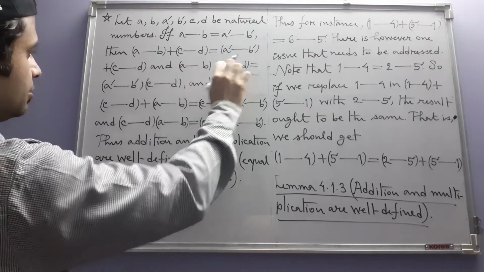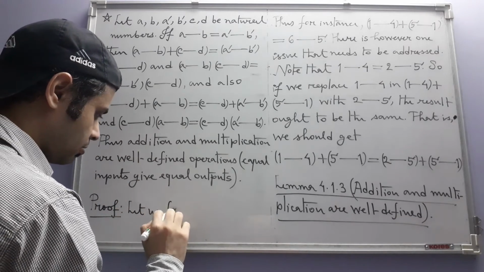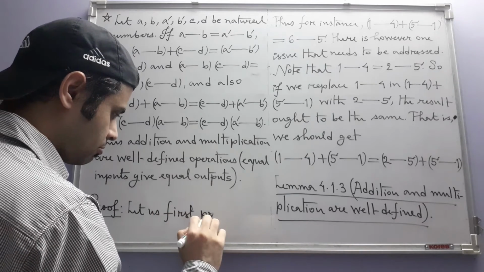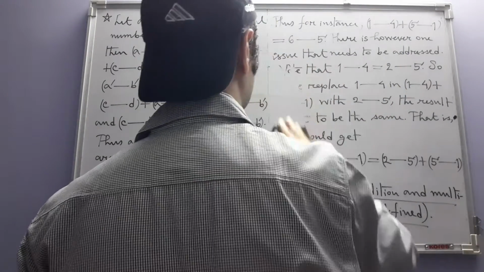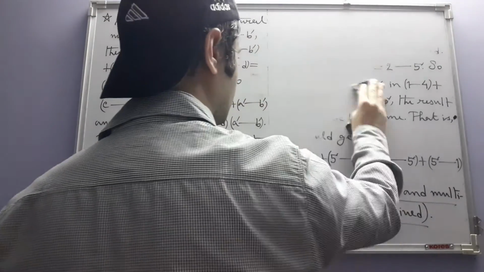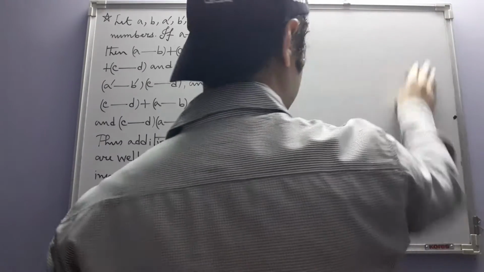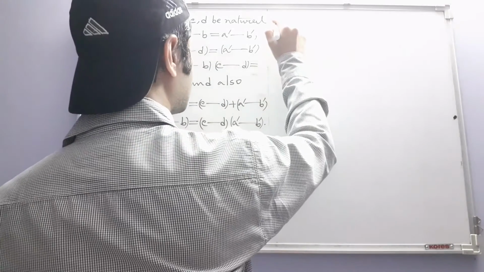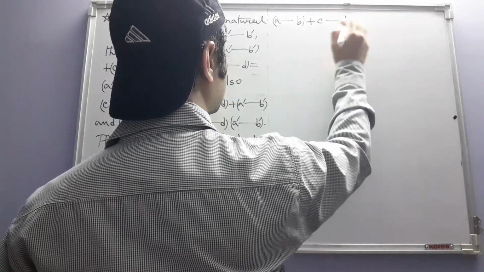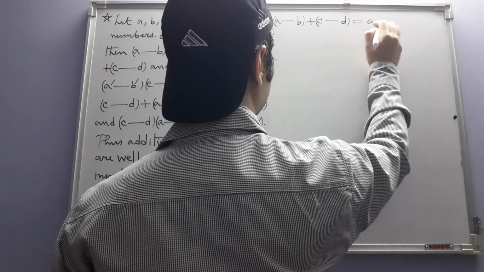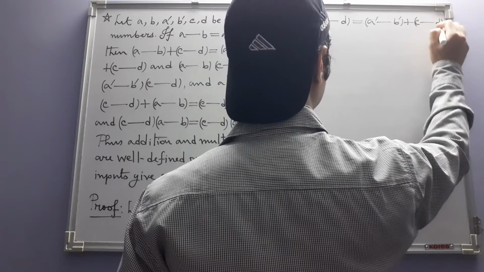Okay, so first of all, we need to prove this one. Let us first prove a dash b plus c dash d equal to a prime dash b prime plus c dash d.